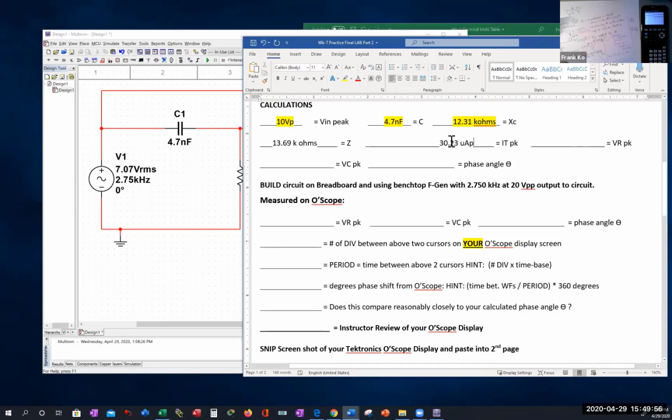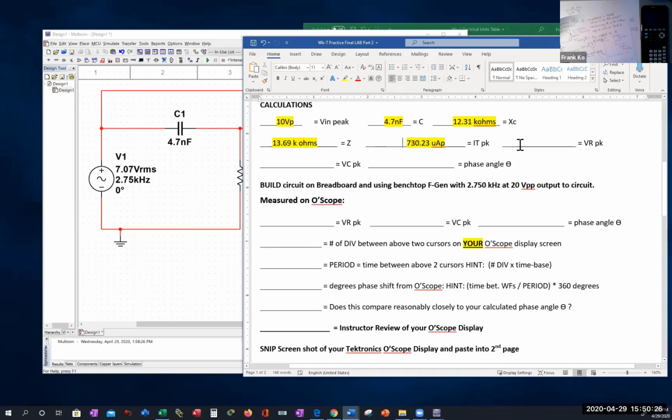Oops, I didn't type in something, sorry. 730.23 microamps peak. So in filling this guy in, I fill that in yellow, go ahead and do this guy also in yellow, boom, take away some of that spacing.